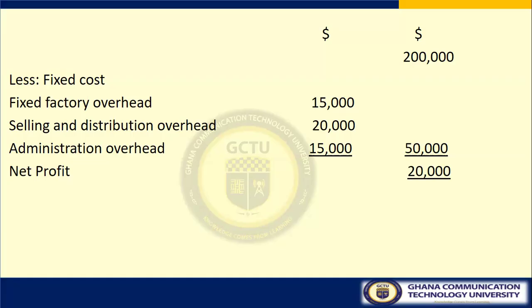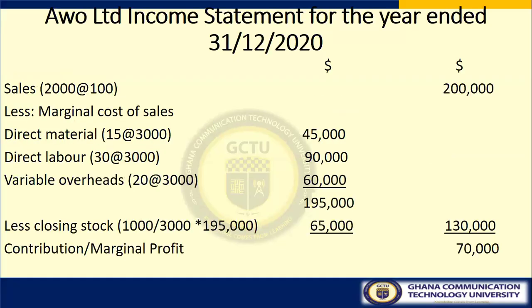I'll pause here. If you have any question before we continue. Yes, please, can you go back to the closing stock? I've seen here you put 1,000 divided by the 3,000.